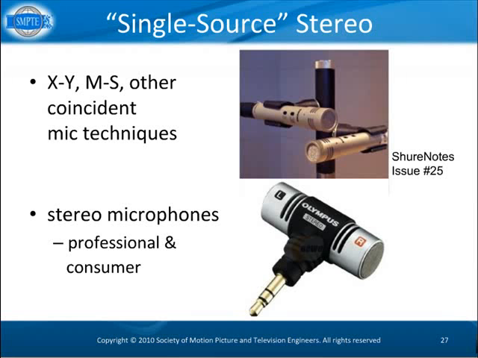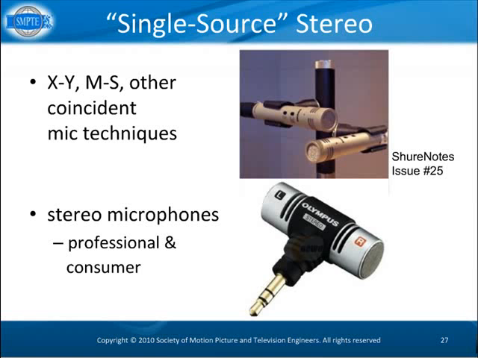Now, we tend to use something called single source stereo. Some people like to record with an artificial head that has microphones in the ear canals of the artificial head. The diagram that I've shown here, which is from a Shure stereo mic technique tutorial, is called XY technique. There's another technique called MS, or mid-side technique.